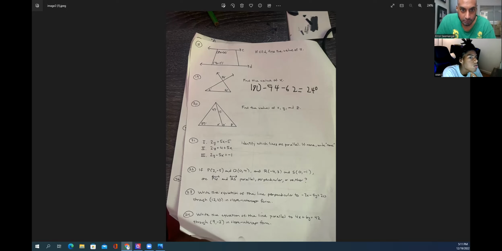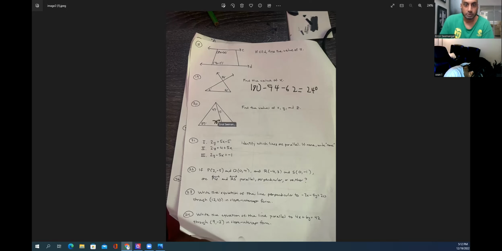Okay, for 20, find the values of x, y, z. So x will be the easiest to start off. I got 76 for X. We just subtracted them from 180, right? Yeah. 180 minus 47 minus 57, 76. So x is 76 degrees.